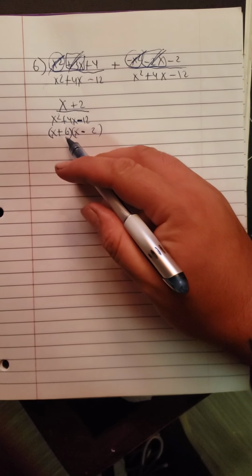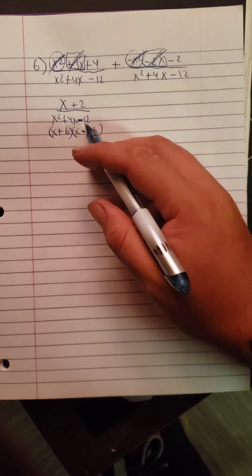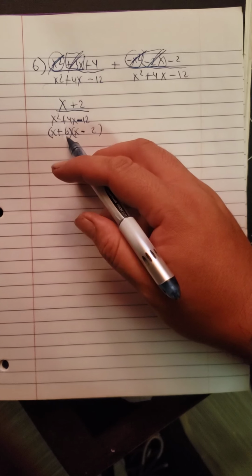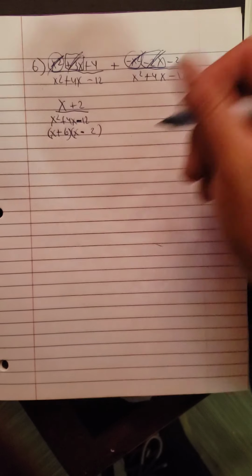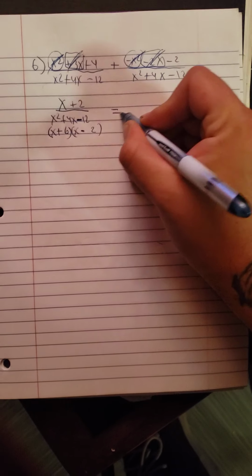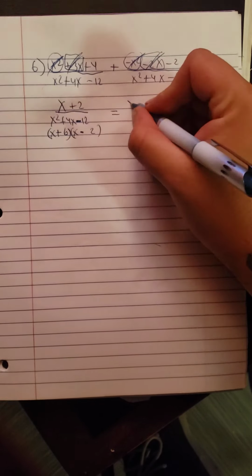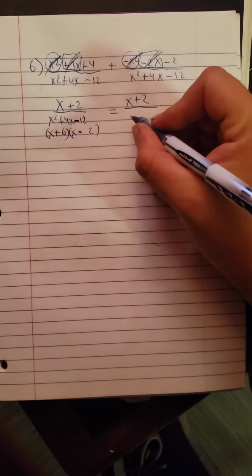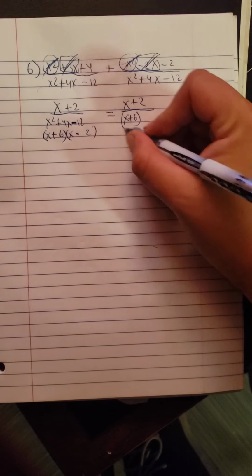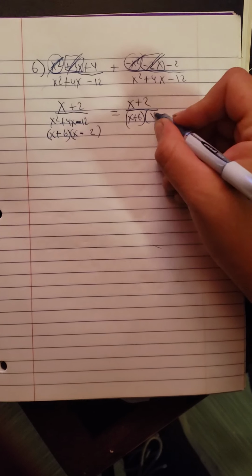Then I have to check again. Positive 6 times negative 2, that gives me negative 12. And then positive 6 minus 2 gives me positive 4. So I'm good. Now I'm going to rewrite it here. My numerator stays the same, x plus 2. And my denominator, I have x plus 6 times x minus 2.